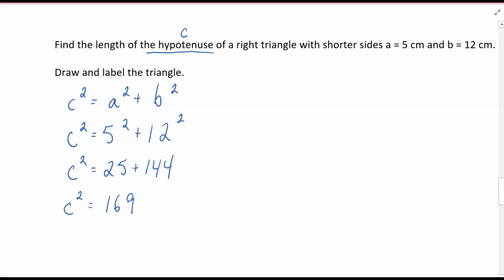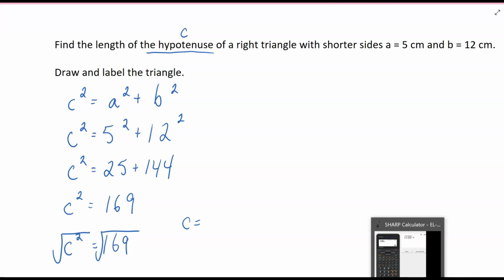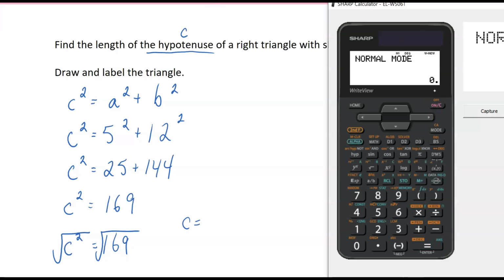Now I need to square root both of those, right? Because c squared is 169. So if we square root both sides, we will get that c is equal to the square root of 169, and the answer is 13.